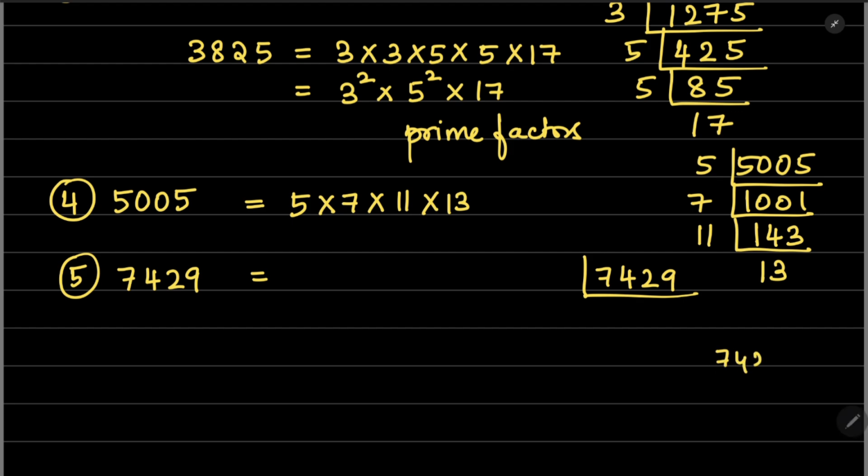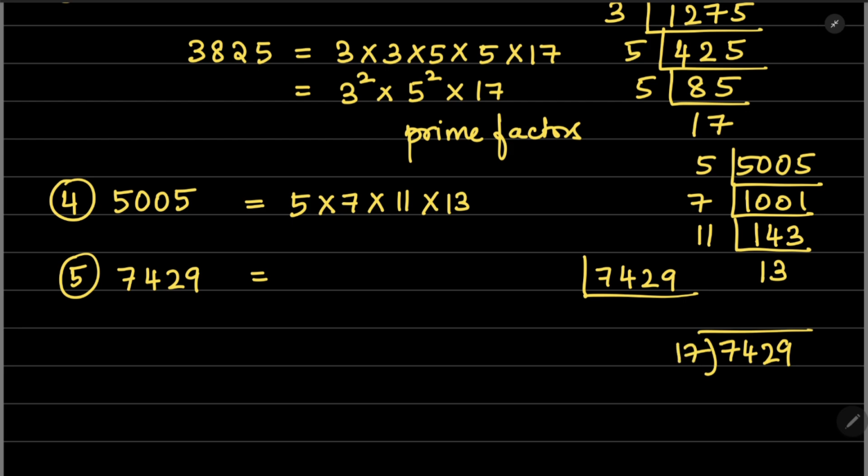So 7429 divided by 7, right? 7 ones are 7, and then 4, 0, 2, 6 are 42. Again, 7 is not the number. So when you keep trying, now that I know what number it's going to be, it is nothing but 17. So you can divide 7429 by 17, right?